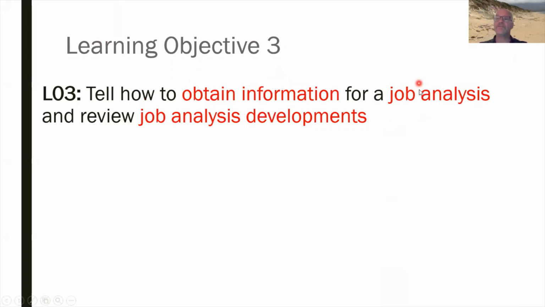Where do we get the information? Well, from incumbents, from supervisors, from government websites, and from existing job descriptions. And what's new in job analysis is the focus more on competencies or job specifications rather than focusing on the job description, or the tasks.